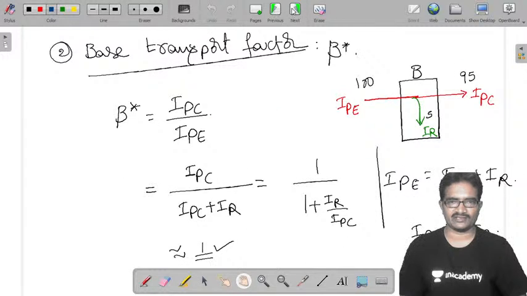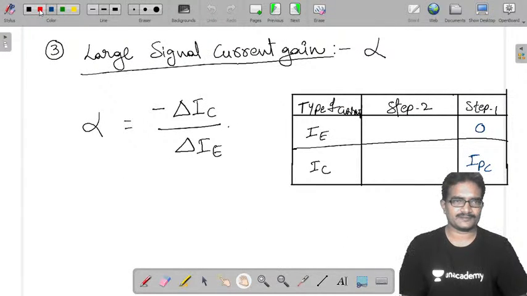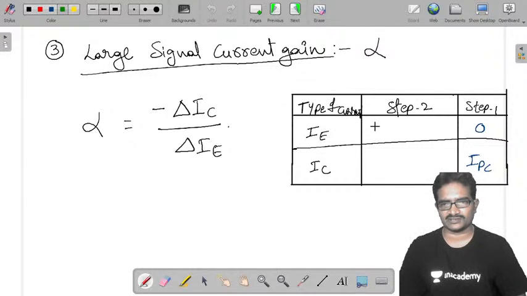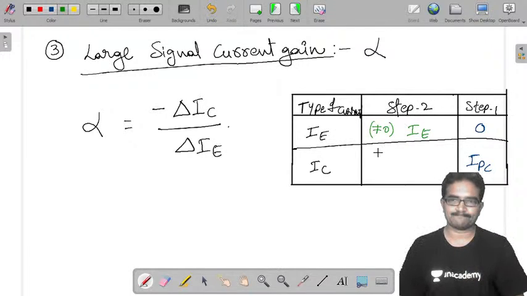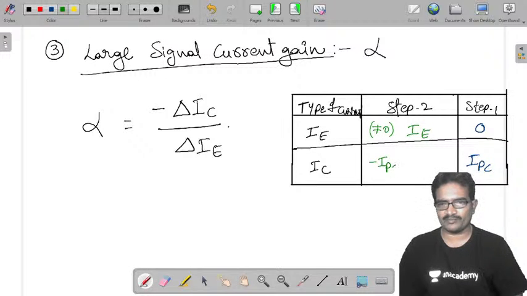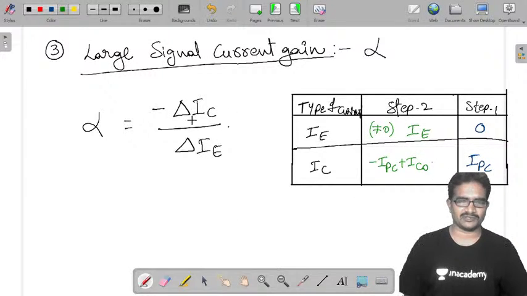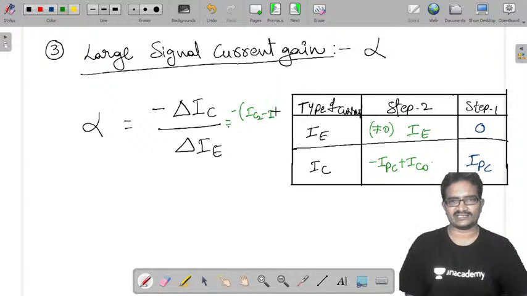Just I am going to take these values. So IE is not equal to 0, that means it is having some value IE, and IC is minus IPC plus IC naught. Okay, now just I take this and substitute here. Now we can write this is minus of IC2 minus IC1 by IE2 minus IE1.